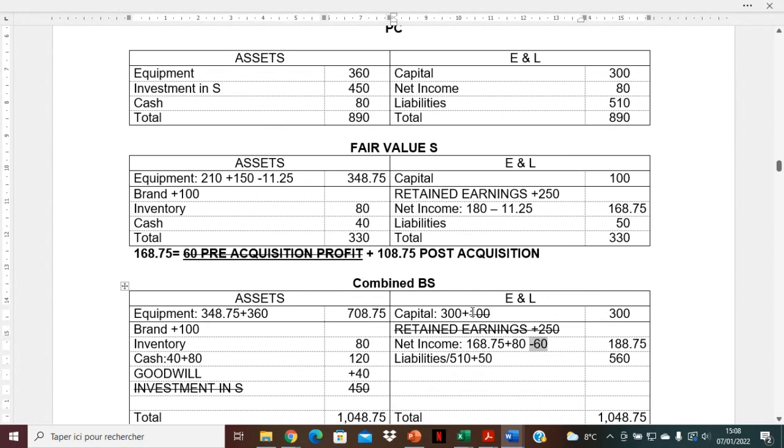Remember, I need to do this all the time. I need to eliminate my investment every year. I need to eliminate capital, and I need to eliminate the 60. But where do I take the 60 from in the next year, in n+1, or 10 years later? From which item in equity do I reduce them? Do you know that?